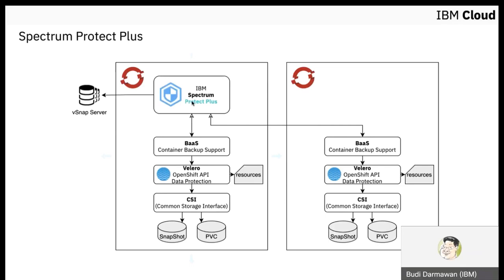That is what Spectrum provides: another layer of automation for Velero, because Velero in general is command-based. You have to create a set of scripts, or a set of commands or cron jobs to run the backup, while with Spectrum you have all the automation that can drive it.